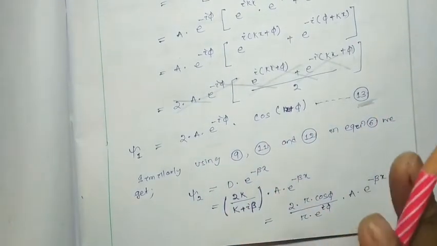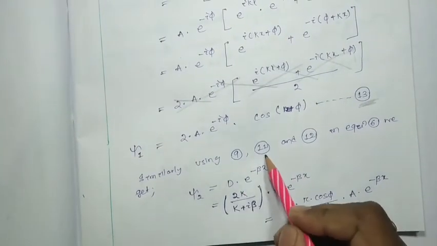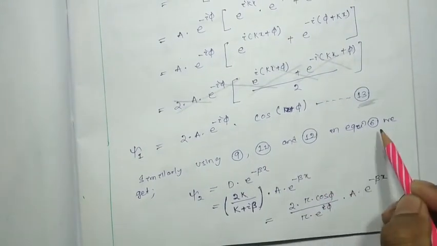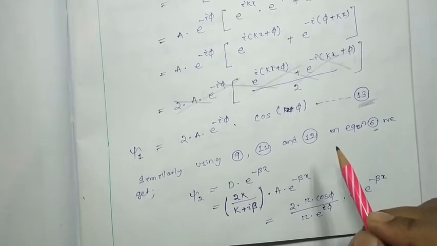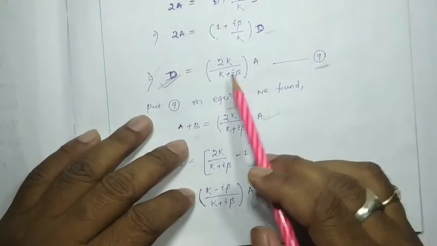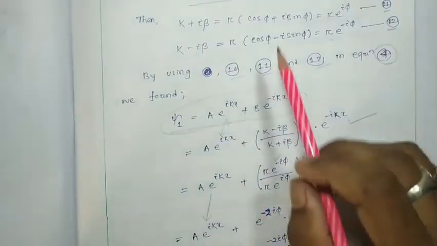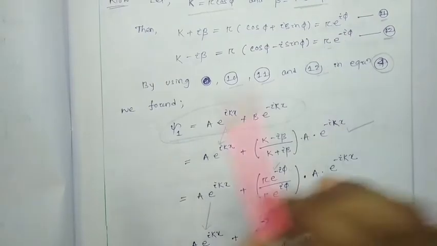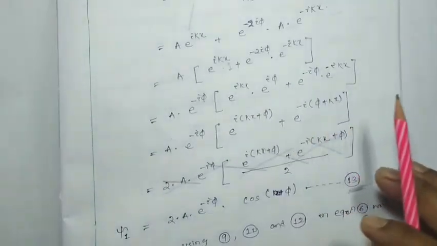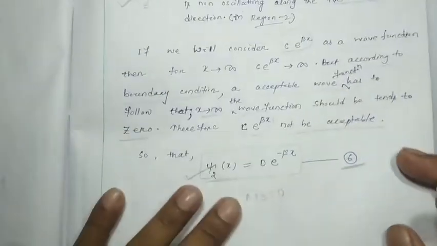Equation number 13. Okay, similarly using 9, 11, 12 in equation number 6, what are we going to get? 9 means this one, the d value, 11 means this value, 12 means this one. We have to put them in equation number 6. 6 means our wave function in region 2.